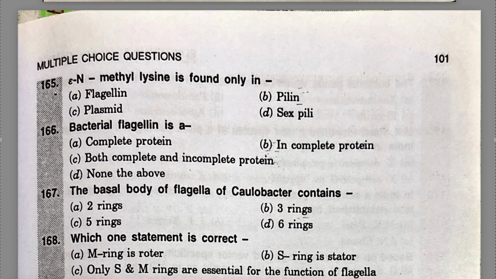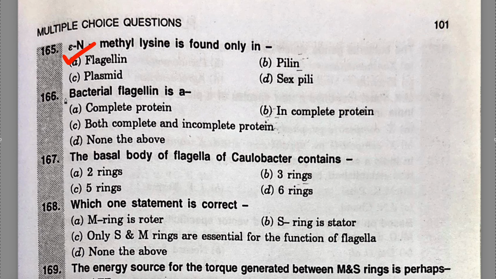Question 165. Epsilon-N-methyl lysine is found only in flagellin, pilin, plasmids or sex pili? Answer option A. 166. Bacterial flagellin is a complete protein, incomplete protein, both complete and incomplete or none.